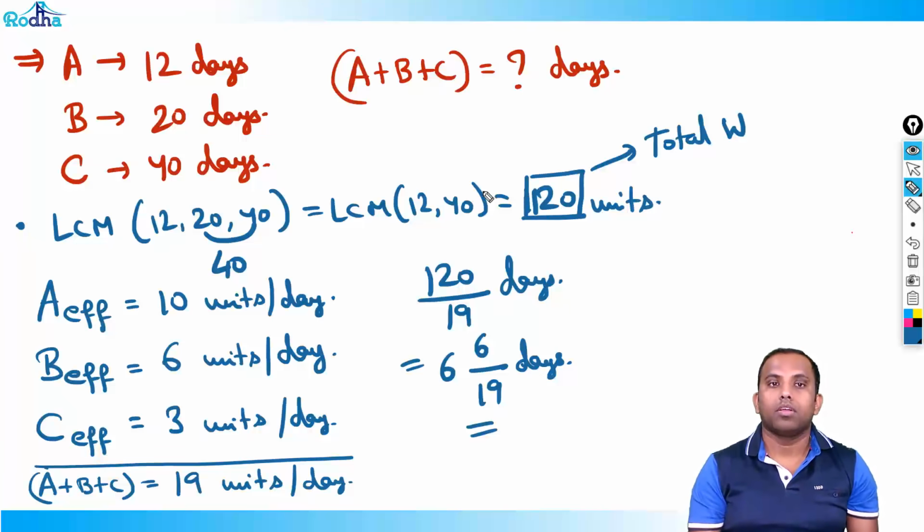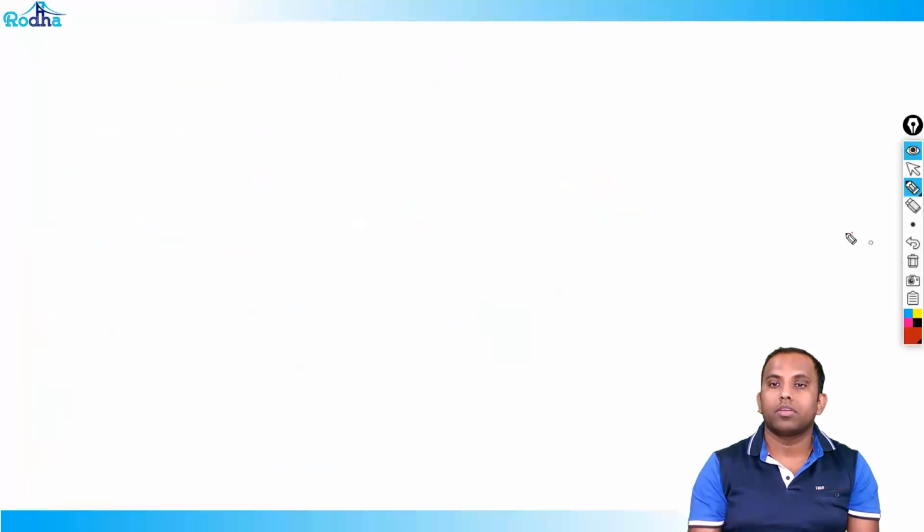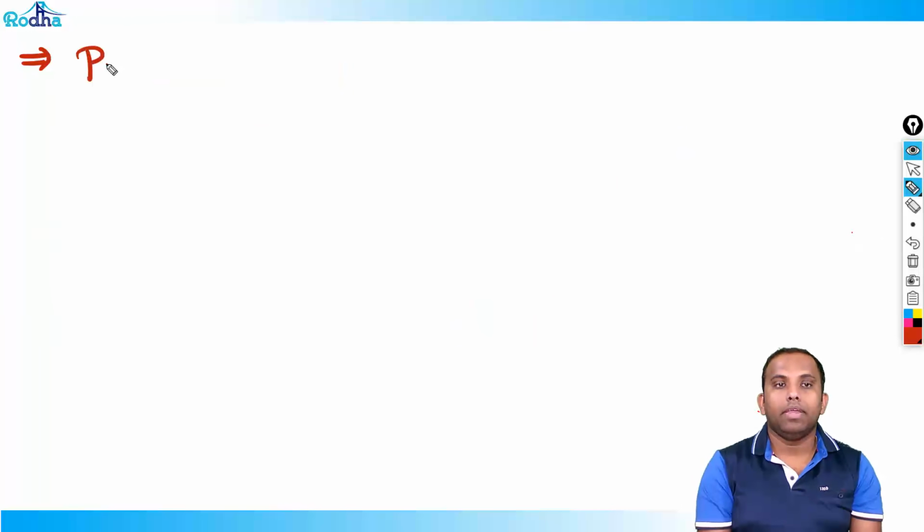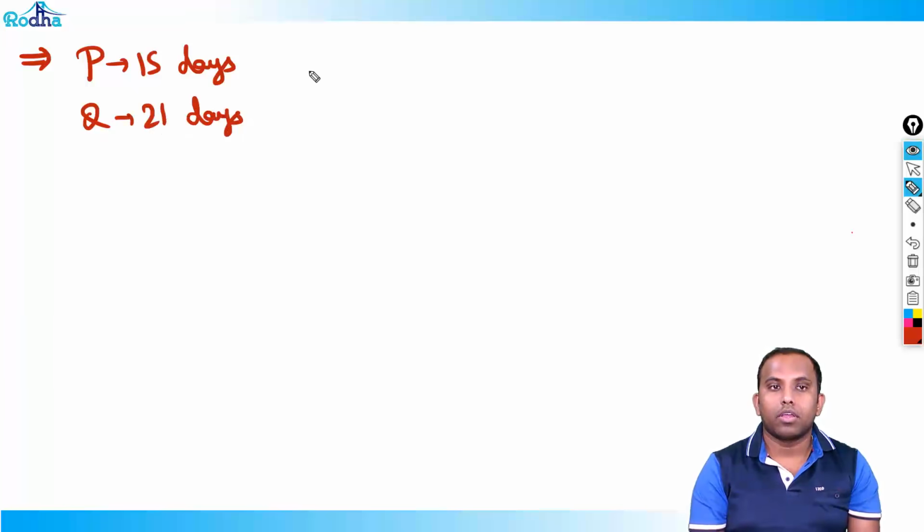Now, next one. P can do a work in 15 days. Q can do a work in 21 days.